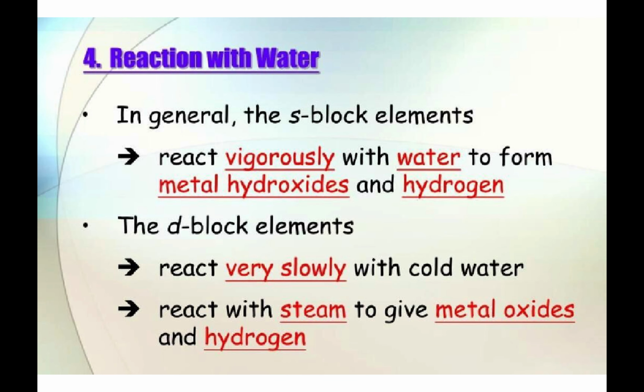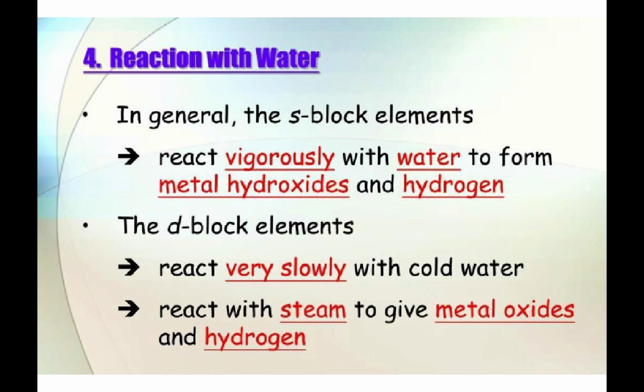What happens in the reaction with water? Generally, S block elements react vigorously with water to form metal hydroxide, that is OH, and hydrogen. D block elements react very slowly with cold water, and they react with steam to give metal oxides and hydrogen. Notice the difference here.